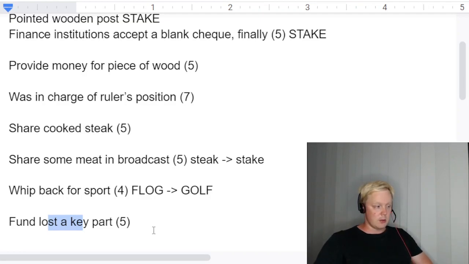And to find someone is to stake them. You stake someone, you provide them with money. So this is a pretty easy clue type to see, at least for me, much easier than some of the other ones. But they can be sometimes tricky as well.